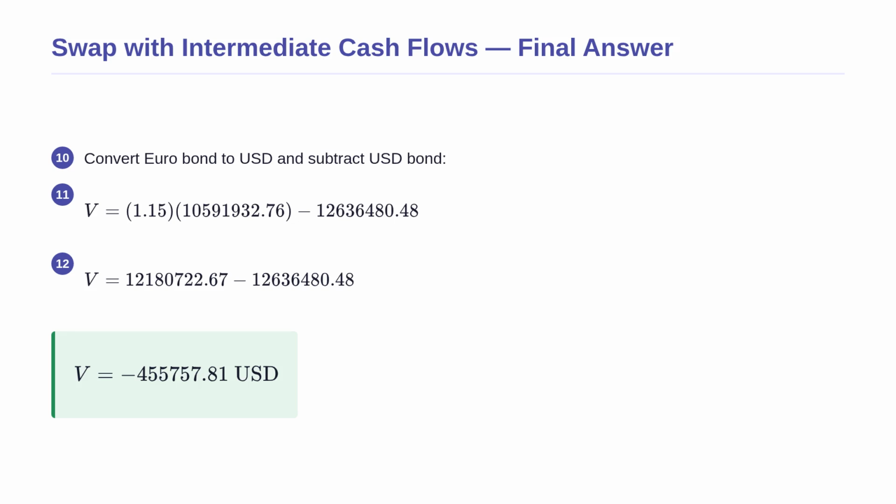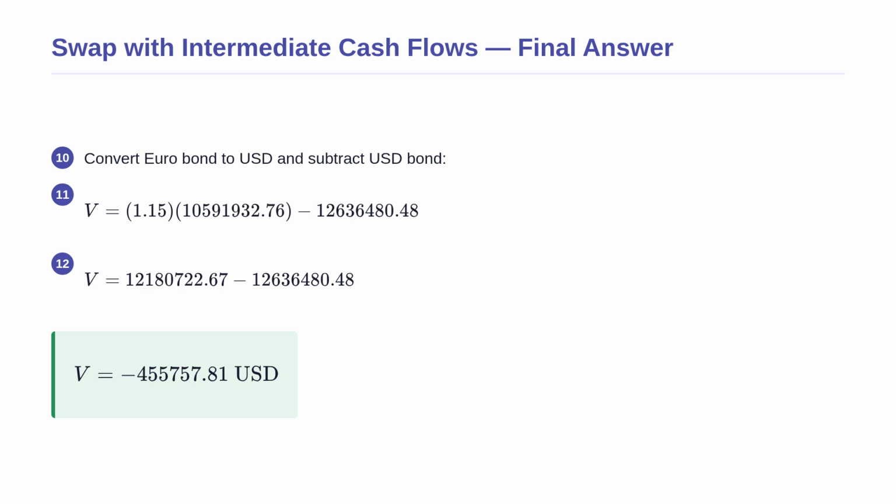Now we have everything we need to find the final net value of the contract. We multiply the total present value of the euro bond by the spot exchange rate of 1.15. This converts the entire stream of euro cash flows into their equivalent US dollar value, which is about $12.18 million. We then subtract the $12.63 million domestic bond.